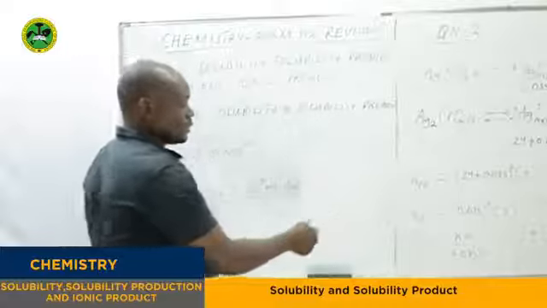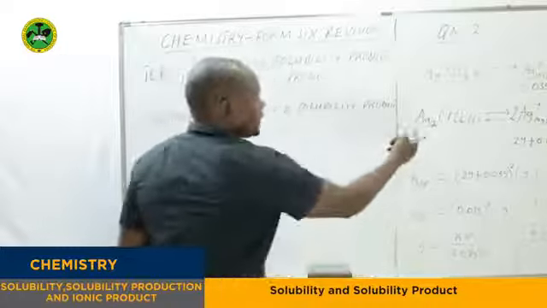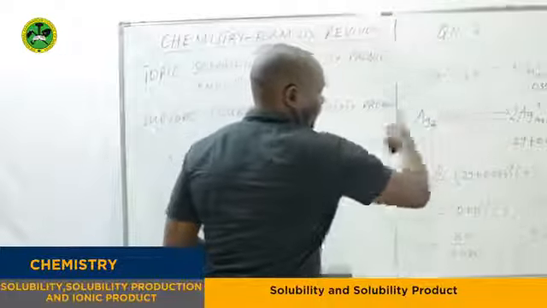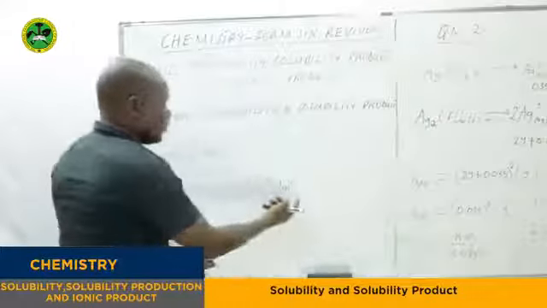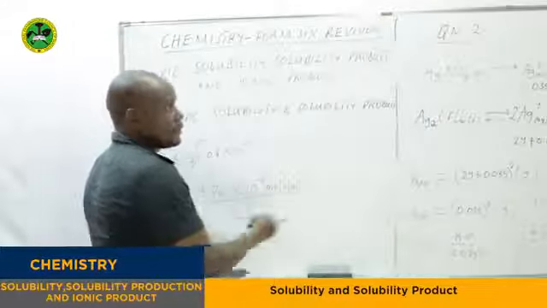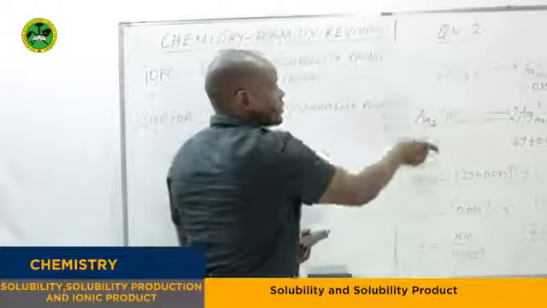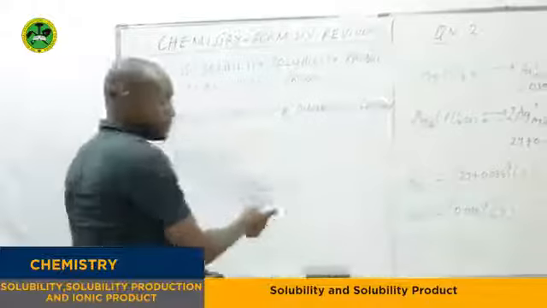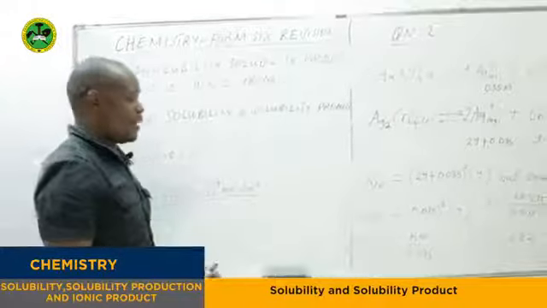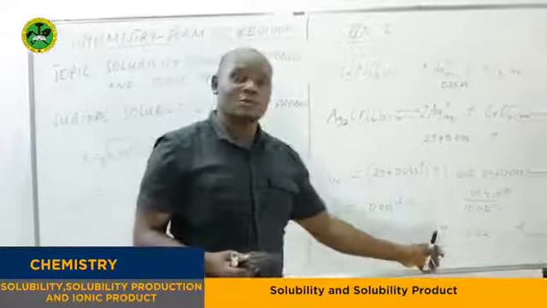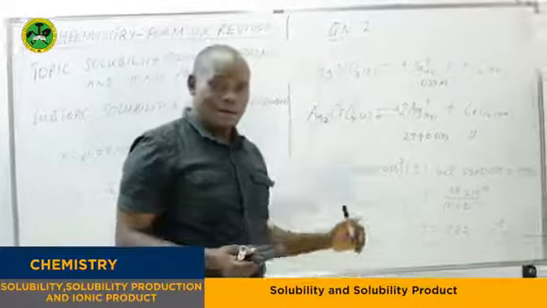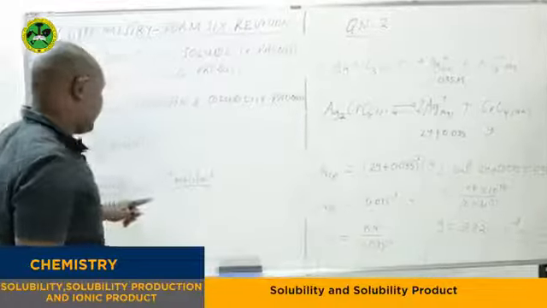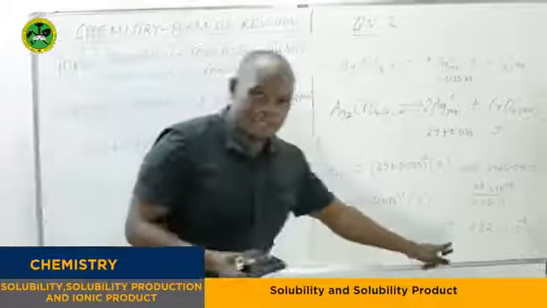Comparing the solubility of silver chromate in water and in silver nitrate, which means in the common ion effect, this one is lower than that one. So the common ion effect has decreased the solubility of silver chromate from this one to this one.